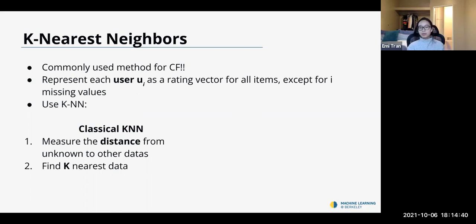The previous one is the Bayes classifier, where you fit collaborative filtering into the Bayes classifier naively, assuming everything is independent. Now we are switching to a different classifier, which is the K nearest neighbor.